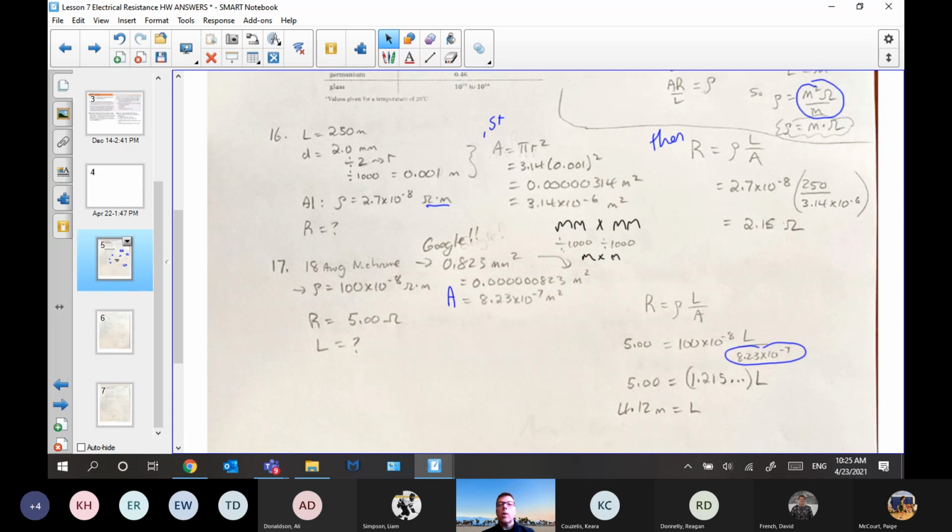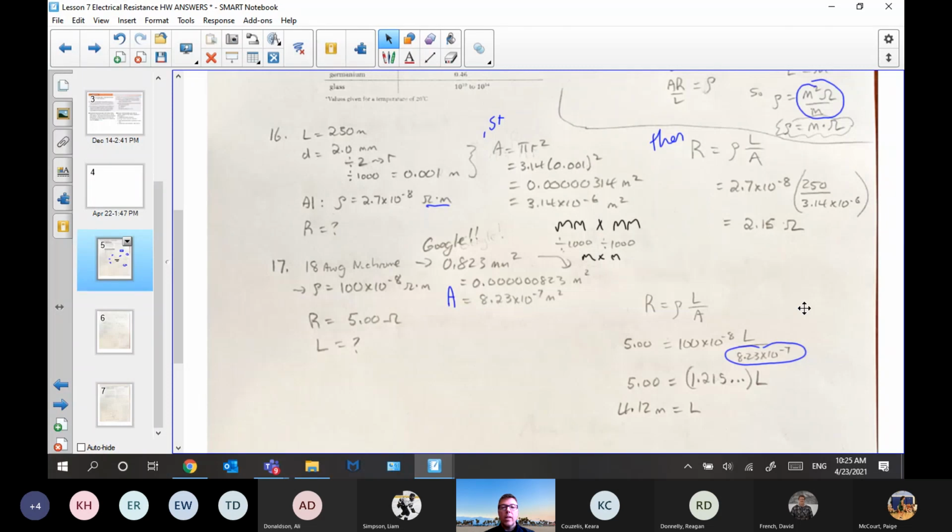So I have to convert each one to meters, dividing by 1,000 and then dividing by 1,000 again. Millimeters to centimeters is 10, and then centimeters to meters is 100. So you've got 3 zeros, a 10 and a 100. So that's why it's divided by 1,000. So now we've got the cross-sectional area, and that can just go into the formula.